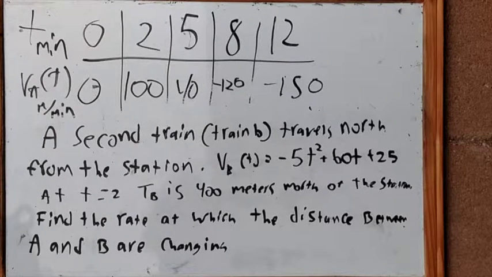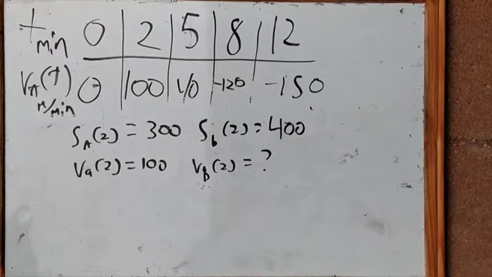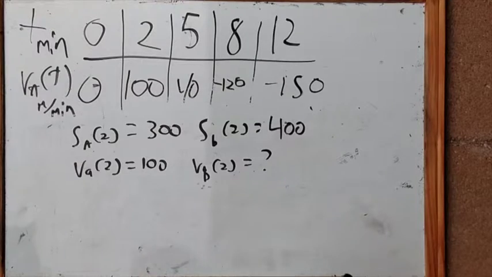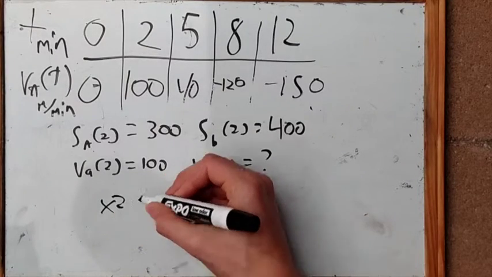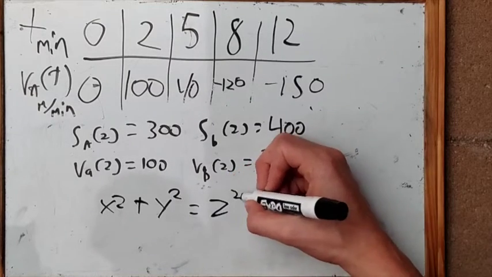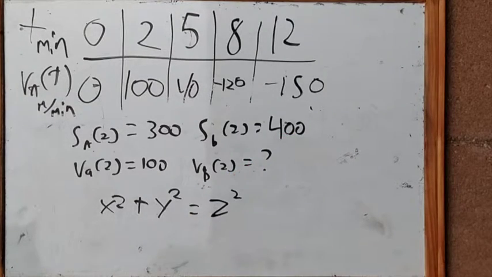So this is a related rates problem. All the stuff we know so far about the distances of train A and train B and their velocities at certain points. So yeah, I'm going to write the related rates equation. This is basically the Pythagorean theorem. So it's x squared plus y squared equals, let's say, z squared, where z is the hypotenuse and x and y are like the horizontal distance and the vertical distance.